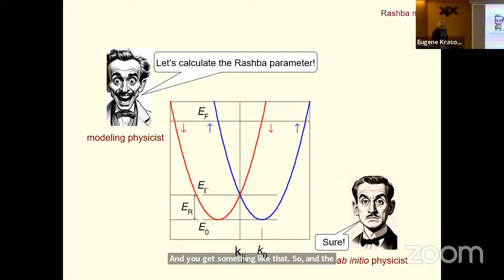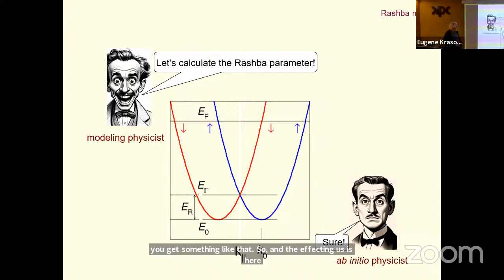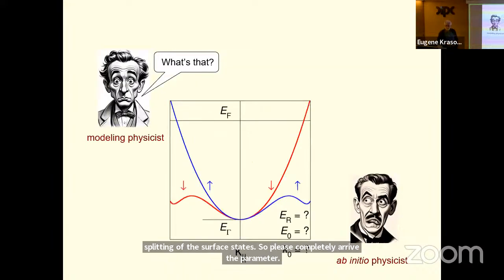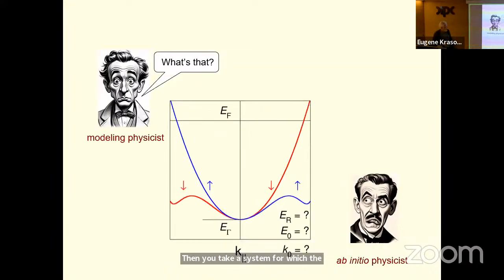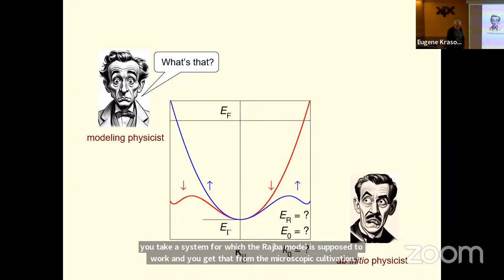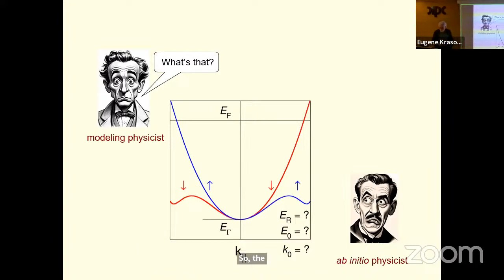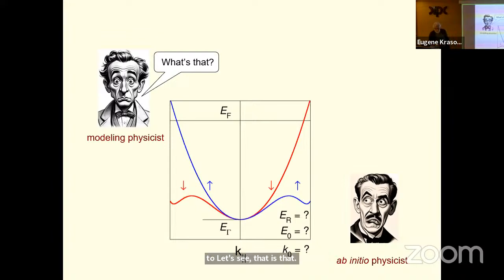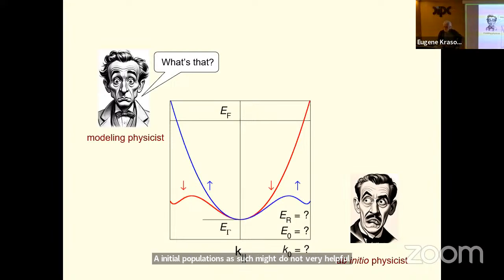Or a very popular recently, the Rashba model, also very transparent, for the splitting of the surface states. So please calculate me a Rashba parameter. Then you take a system for which the Rashba model is supposed to work, and you get that from the microscopic calculation. So where the Rashba parameter is here. So what I would like to say with that is that ab initio calculations as such may be not very helpful in combination with simple models.